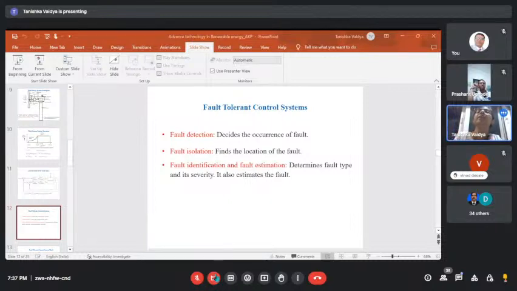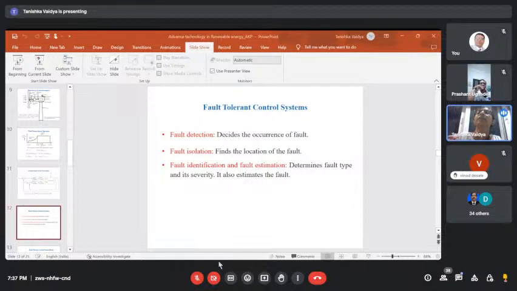So in that case, what does the fault tolerant control system do? The control system identifies the fault with various methods. Those methods we'll see in the next slides. First of all, it will detect the fault. Then fault isolation.